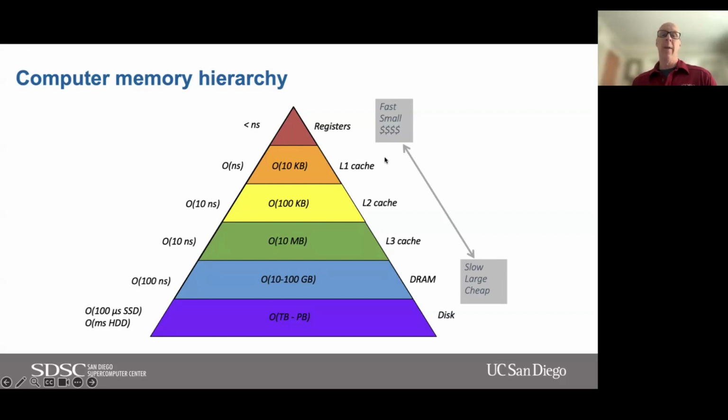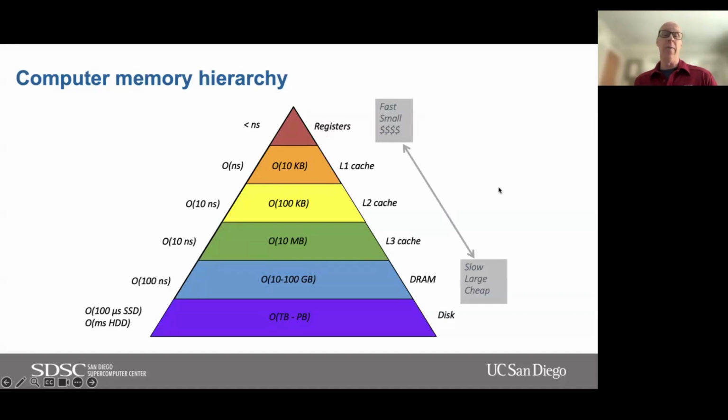So registers are going to be extremely fast. I believe that we have on the order of hundreds of registers. We could hold maybe 100 words or so of data there. The L1 cache has a latency on the order of a few nanoseconds, and they're typically about 10 kilobytes. L2 cache is a little bit larger, maybe on the order of hundreds of kilobytes, but it's further away from the CPU. If data resides in L2 cache, but it's not in L1 or the registers, it's going to take a little bit longer to get to the CPU.